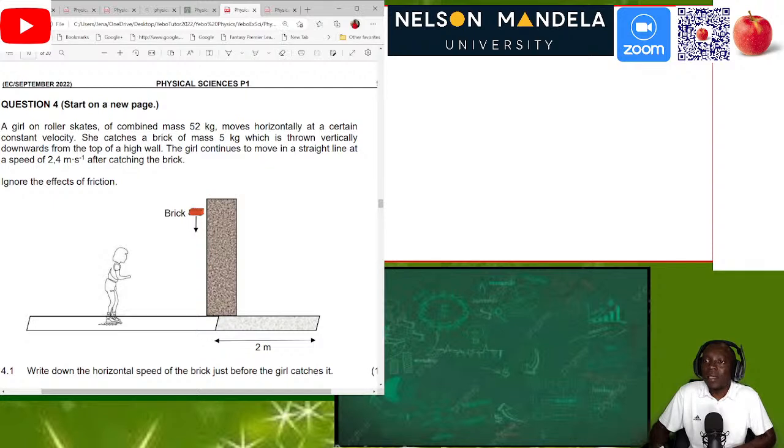She catches a brick of mass 5 kg, which is thrown vertically downwards from the top of a high wall. The girl continues to move in a straight line at a speed of 2.4 meters per second after catching the brick. Okay, so this is all the information we are given, and we're also told to ignore the effects of friction.